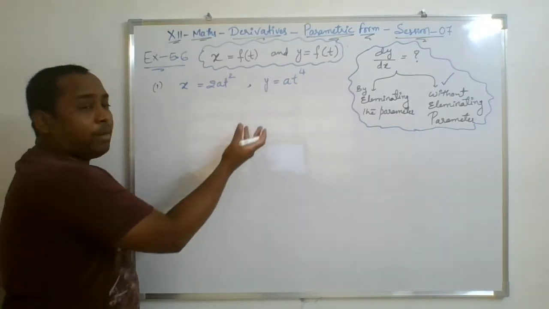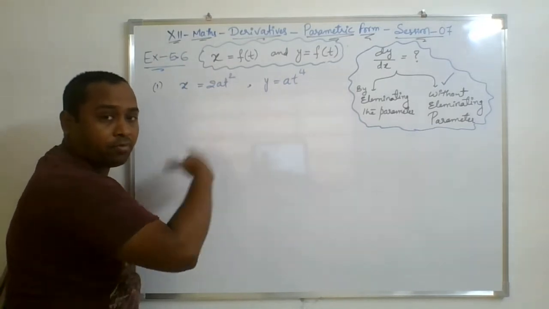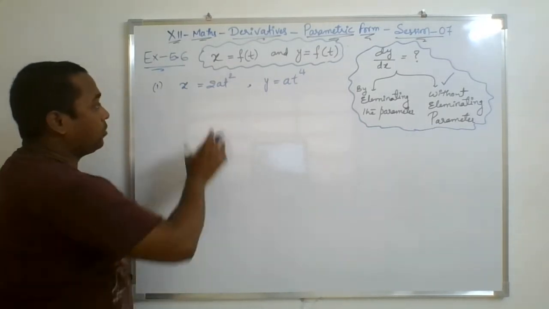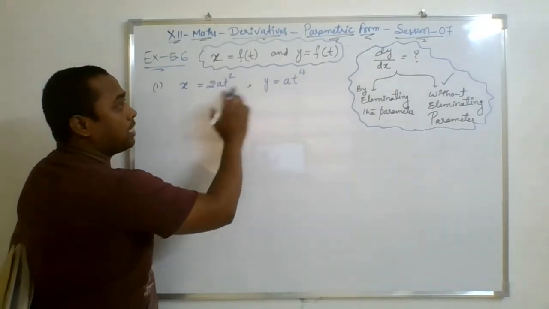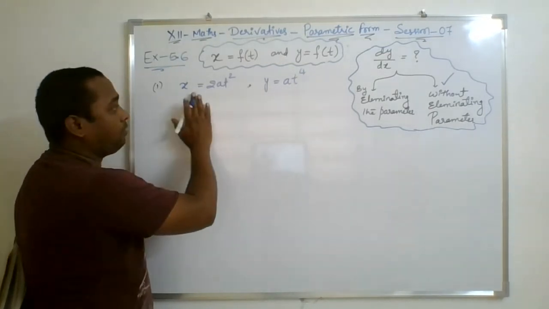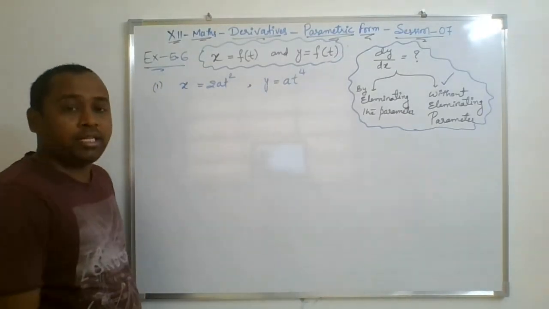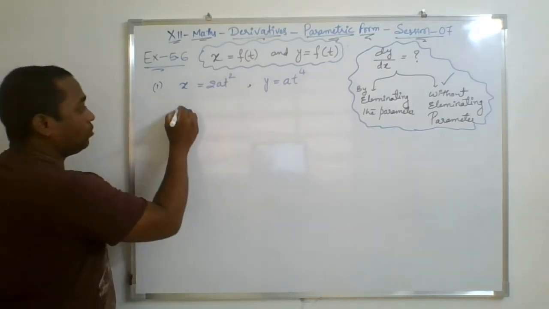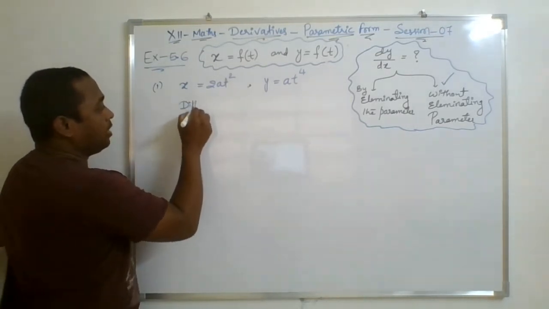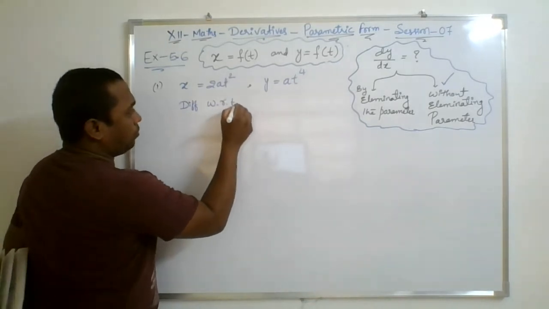Now without eliminating, meaning directly, you will go with the derivative first and then we'll get dy by dx. So here x and y are expressible in terms of t. x is a function of t, y is a function of t, hence we are going to do the derivative with respect to t. So first we have to differentiate with respect to t.